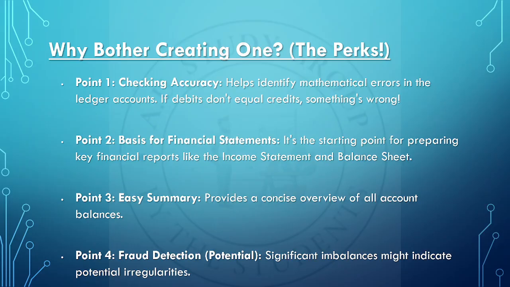So the fundamental concept of double entry bookkeeping is that every debit must have an equal credit. The trial balance helps you see if that rule has been followed. If the debit column of the trial balance doesn't match the credit column, then there is a mathematical error somewhere. That is point one.